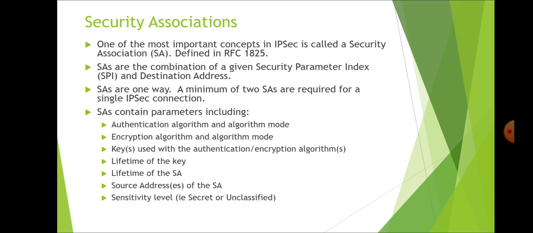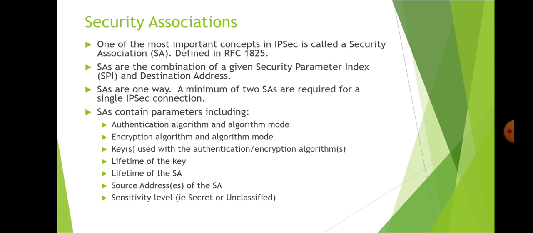Now, security associations. One of the most important concepts in IPsec is called a security association, or SA for short, defined in RFC 1825. These security associations are a combination of the security parameter index, that is the SPI, and the destination address.